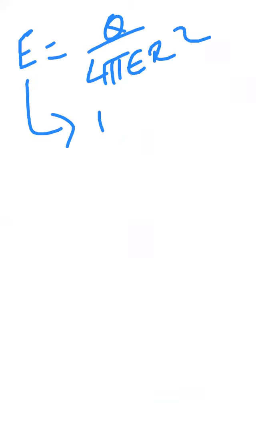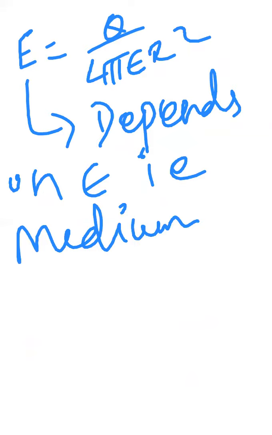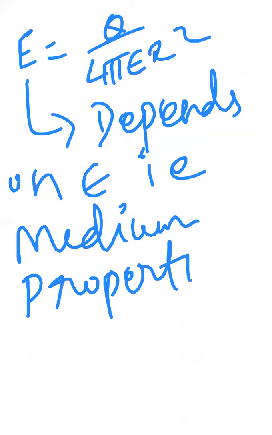E field depends on epsilon, that is, medium properties. Different media will have different epsilon, different properties.